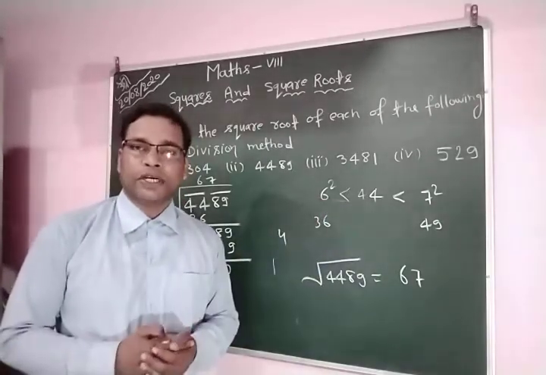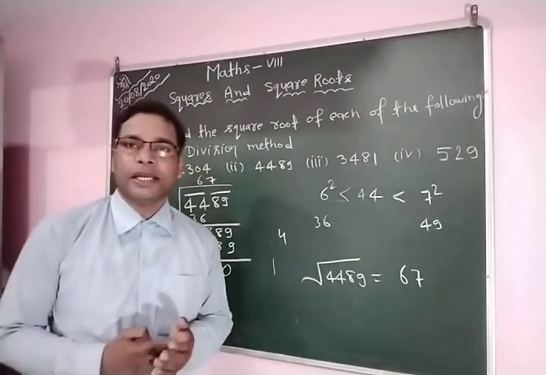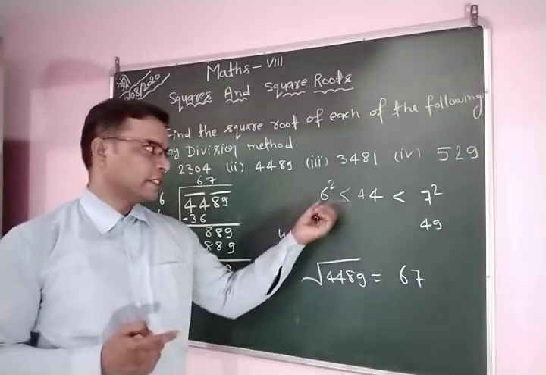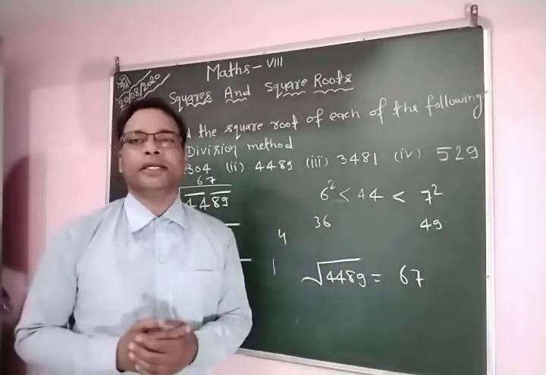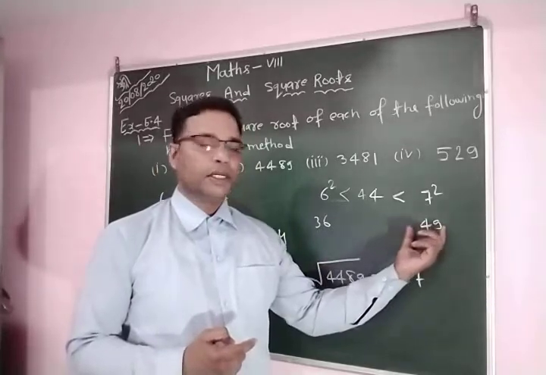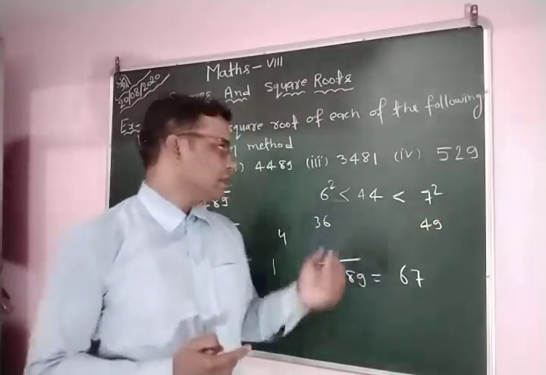So we take some numbers. Square of 5 is 25, which is less than 44. Again we take 6, square of 6 is 36, which is again less than 44. Then we take the square of 7, which is 49, greater than 44. So we select 6.